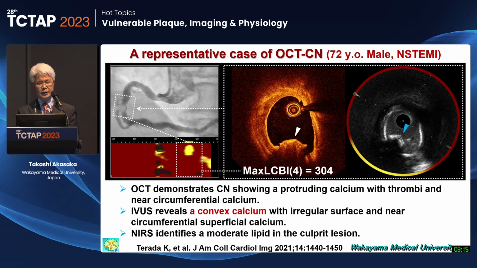And this is OCT calcified nodule, showing protruding calcium with thrombi and near-circumferential calcium by OCT. Similar findings can be identified by IVUS, and NIRS identified moderate lipid content in the culprit lesion. Max LCBI is 300.